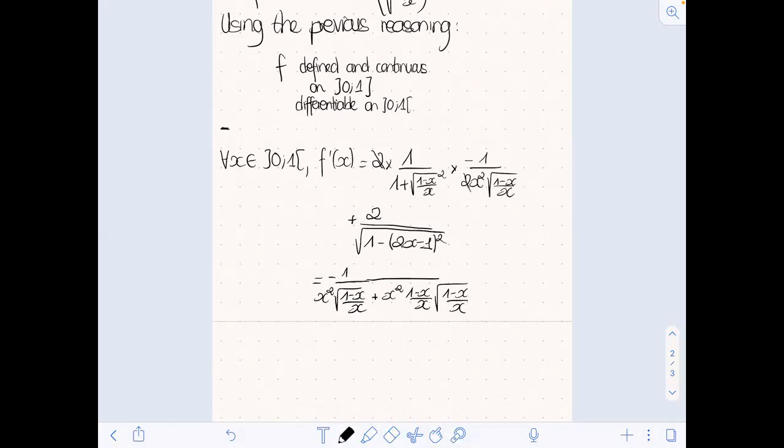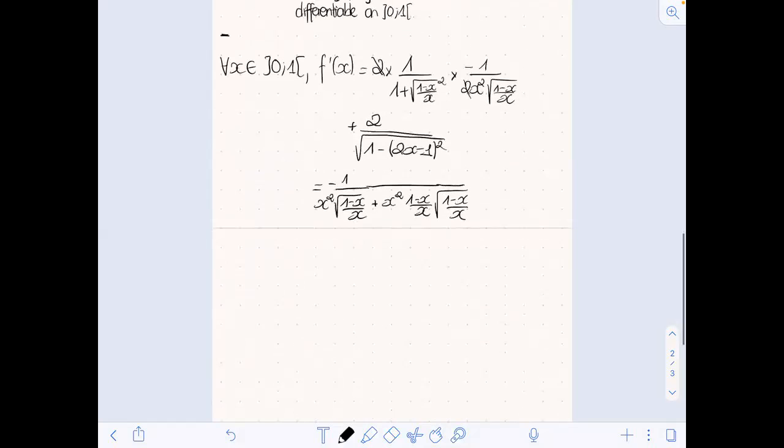You should get something like this, which probably is going to require more simplification, plus the second term. And the second term, we can expand the square in it, so we get 4x squared plus 4x minus 1.